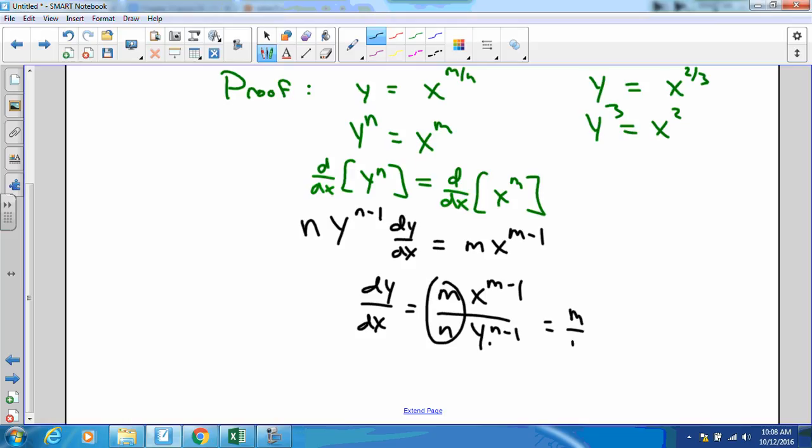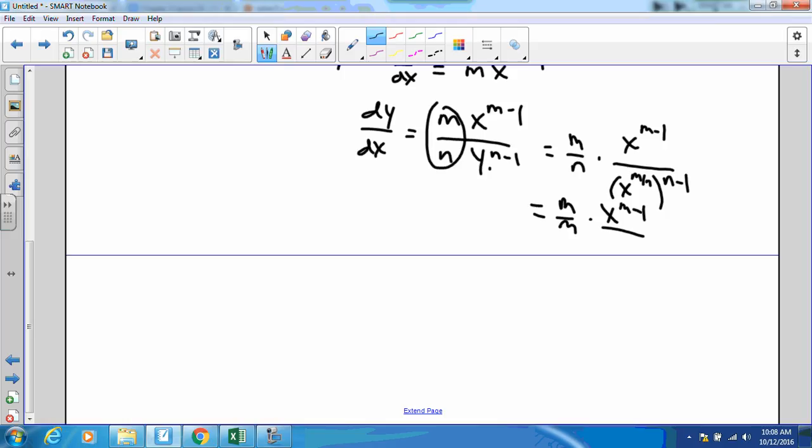Let's do that. It's going to give us m over n times x to the n minus 1 over y to the n minus 1. And that is going to give us x to the n minus 1 over, now multiply the exponents, and what do you get? x to the m times x to the negative n over n.